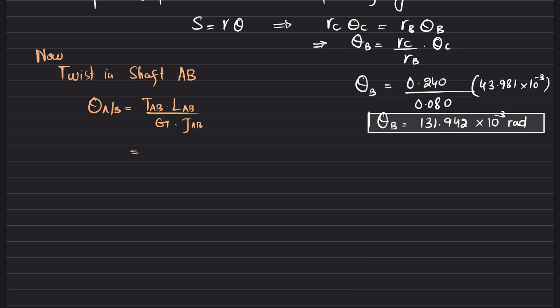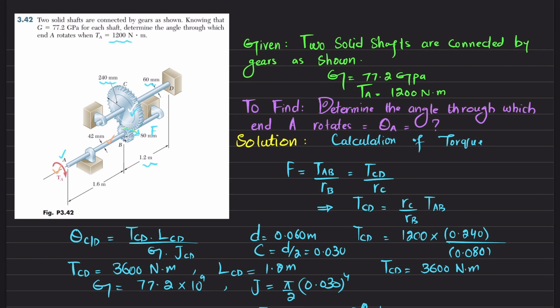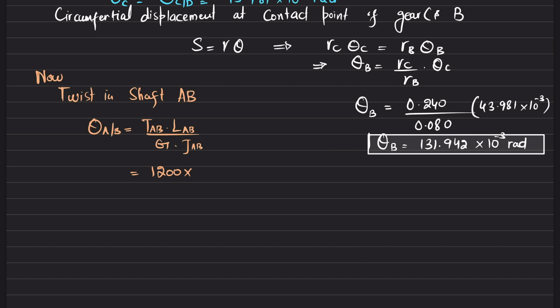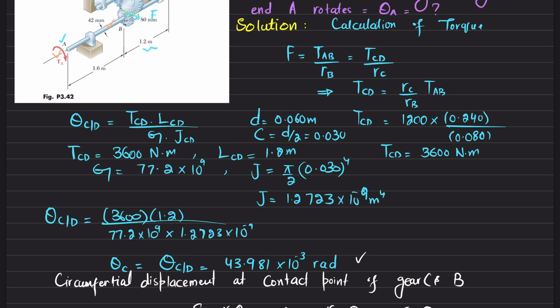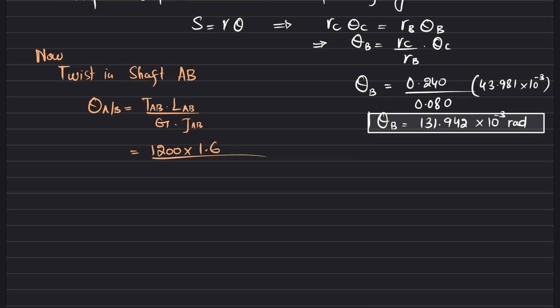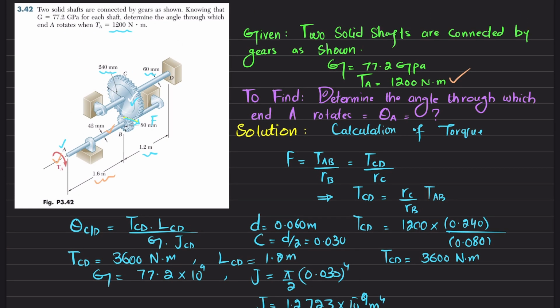So put the value: TAB is given as 1200 Newton meter. 1200 multiply by the length. You can see this length is 1.6 meter. So 1.6 divided by G is 2277.2 into 10 raised to power 9. Multiply by J, which is pi by 2 C power 4. Now we will see this is 42 millimeter. So C will be equal to 42 divided by 2, which is 21 millimeter, and 21 millimeter is 0.021.